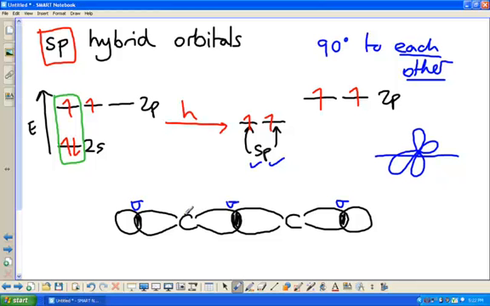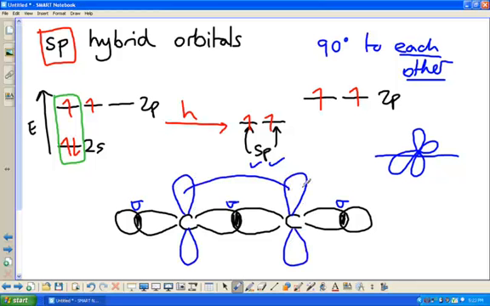But I'm going to show 1 p orbital going straight up and down, and this overlap here is going to give rise to one bond. Except what sort of bond is that? It's a pi bond, like we said before. So here the sigma bonds are going straight left and straight right. The pi bond here is going straight up and straight down.